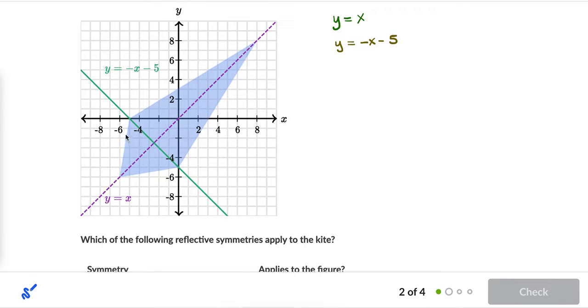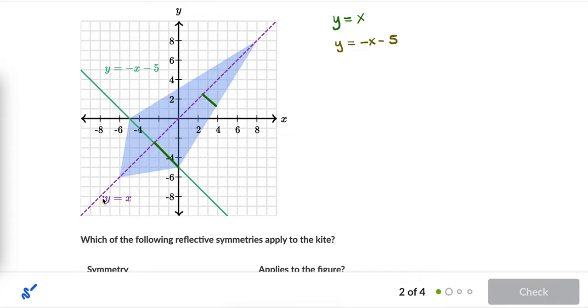If we map this vertex right here, the vertex at negative 5, 0, directly across the line y equals x, what we see is that it does indeed map directly across, right where we would expect it to be. And indeed, if we choose any point at all on the side of the kite, and we go in a perpendicular line across to the line y equals x, and then measure to the opposite side, we should see the other side right there.